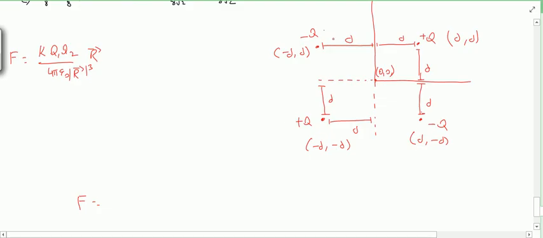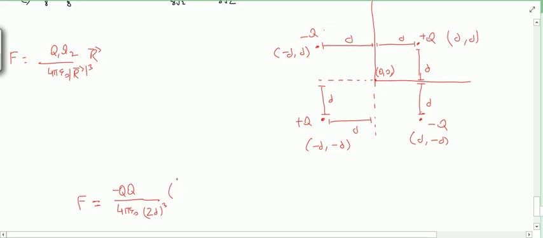First, finding the force due to this charge. As this charge is negative, I can take a few things common. Here I have written q by 4 pi epsilon naught only, so I have to write this k. So the force will be q into minus q, over 4 pi epsilon naught, the distance between them, you can see, is 2d squared, or if I write in the vector form, it will be 2d cubed.